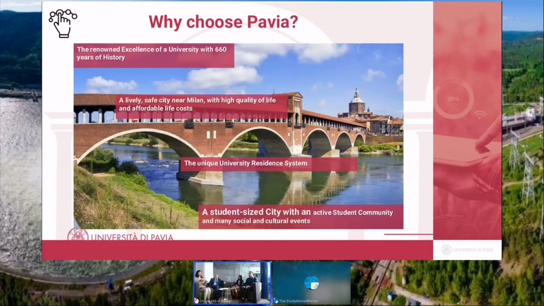So you will have the chance to stay in one of the university's dormitories during your study here in Pavia. The last point, last but not least, is that Pavia is a student-sized city with an active student community and many social and cultural events. For example, as far as I know, we have a very huge Iranian student community here in Pavia.